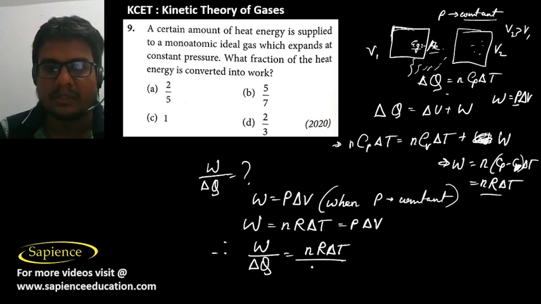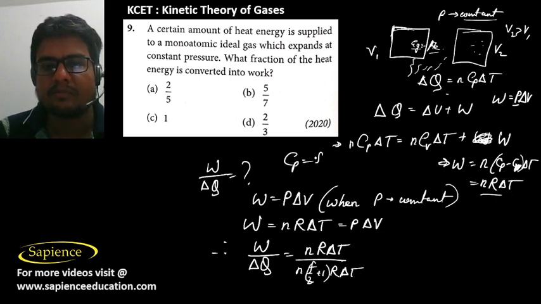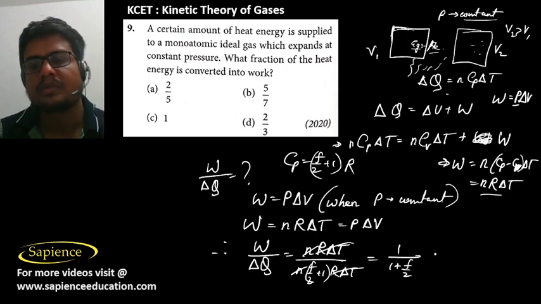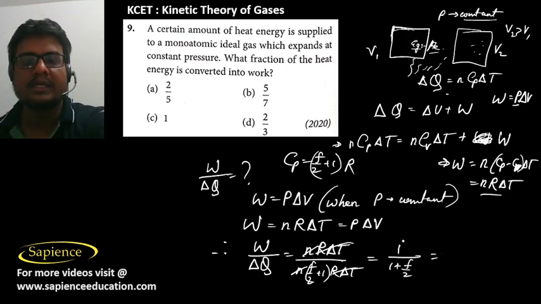So nR delta T divided by nCp delta T, which is n into (F by 2 plus 1) into R delta T, since Cp is equal to (F by 2 plus 1) into R. So R delta T will cancel, and n will cancel. So this is 1 by (1 plus F by 2). Now the degrees of freedom.